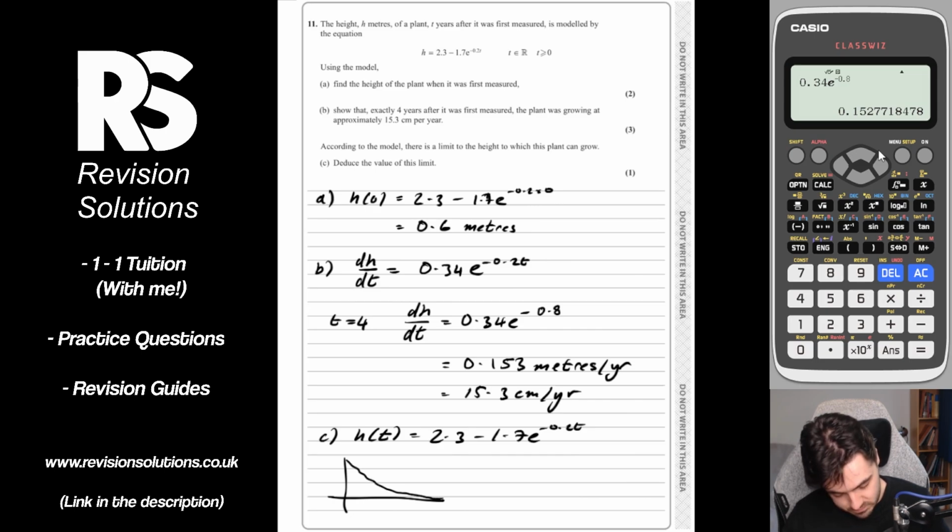It decays towards 0. So as t tends towards infinity, e to the minus 0.2t tends towards 0. And then if that bit's just 0, all of this just doesn't matter, and we're just left with that 2.3. So the height would tend towards a limit of 2.3 meters.